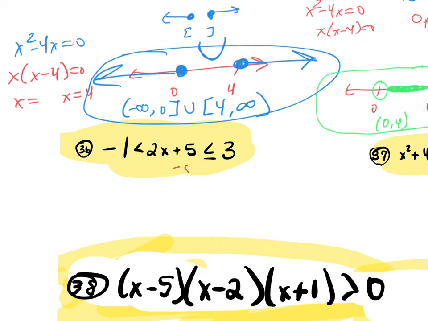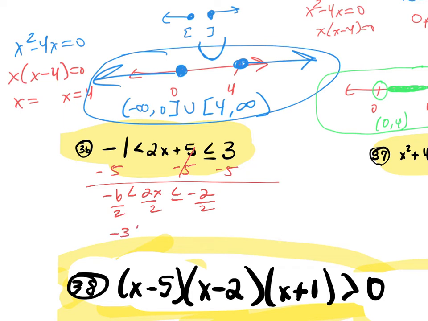So I'm going to subtract 5 from everything. So I have negative 6 less than 2x less than or equal to negative 2. Okay, divide everything by 2. So I have negative 3 is less than x, which is less than or equal to negative 1. So on my graph, I have negative 3, negative 1, and 0.